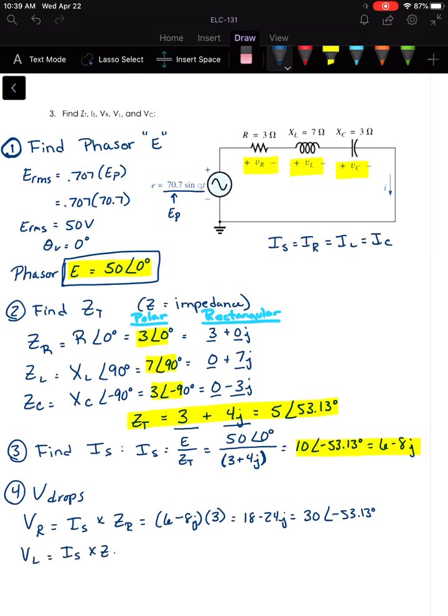VL would equal that same source current times the impedance of our inductor, or 6 minus 8j times 7j, which is 56 plus 42j.